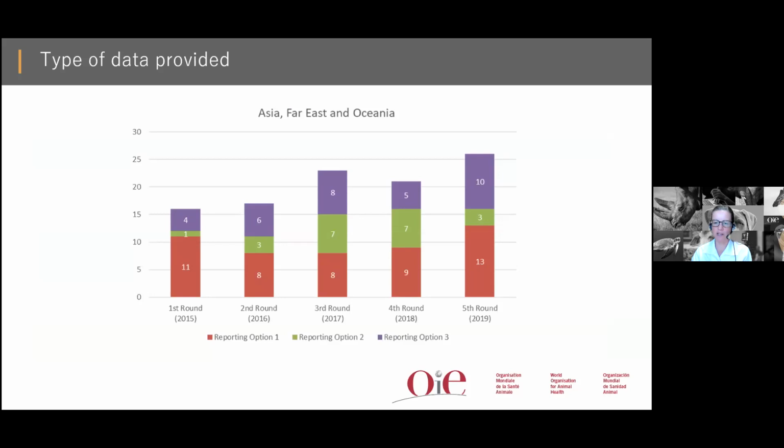And reporting option number 3, we'll also get more detail about the route of administration. And you'll notice that we are slowly improving. So we're getting more reports submitted and of higher quality. So I think the last round, we obviously were a little bit affected by the COVID pandemic and the ability to collect some of the data. Everyone was very busy.